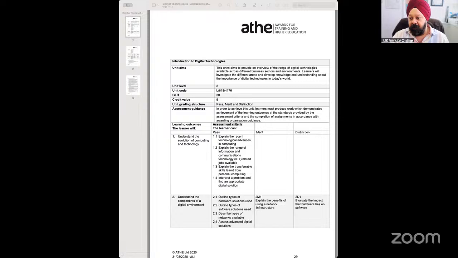Now, when we do talk about digital technologies, there are different types. This is something that we need to understand just as an overview of this unit. Digital technologies or equipment, as we call it, electronic equipment, can be of different types. We are all aware of computer systems. We've used a PC or a Mac at any given point in time. We have seen some of these devices like thin clients, point of sale terminals.